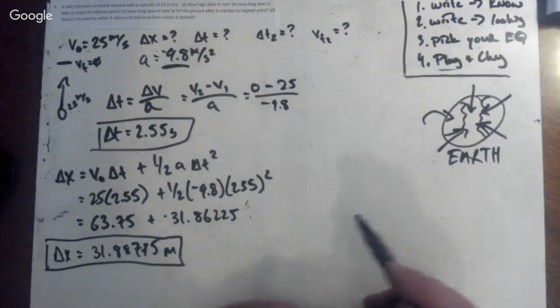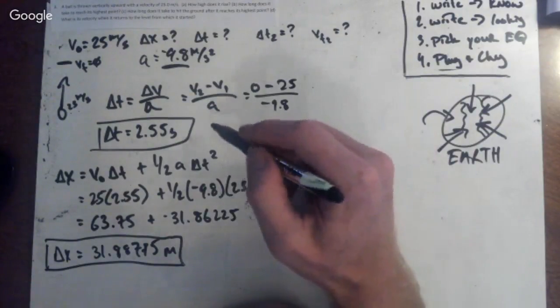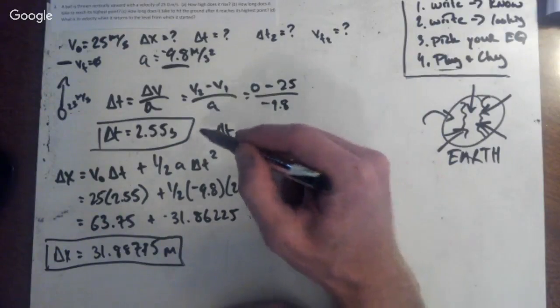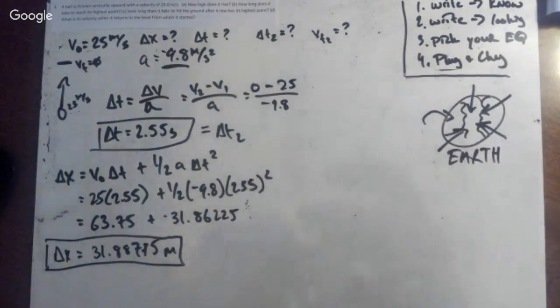Okay, now here's the part that aggravated my students before. Our delta t2 is equal to the amount of time it takes to get to the top. Because gravity accelerates everything uniformly, it will slow things down as it heads up, and then it will speed them up as it comes down.